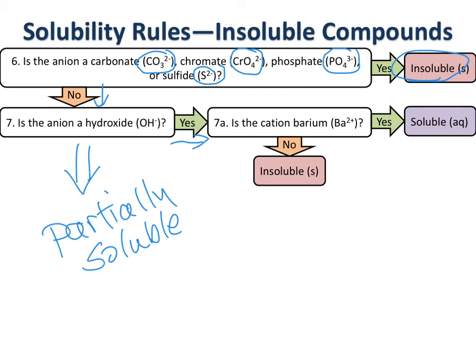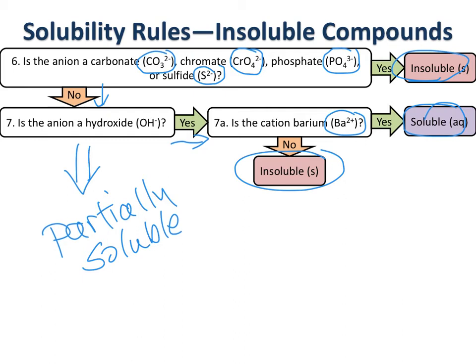Question 7A. Is the cation barium, Ba2+? If the answer is yes, then the compound is soluble. If the answer is no, then the compound is insoluble. A note of caution.